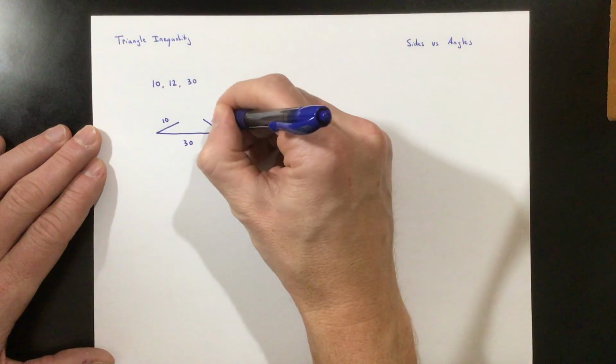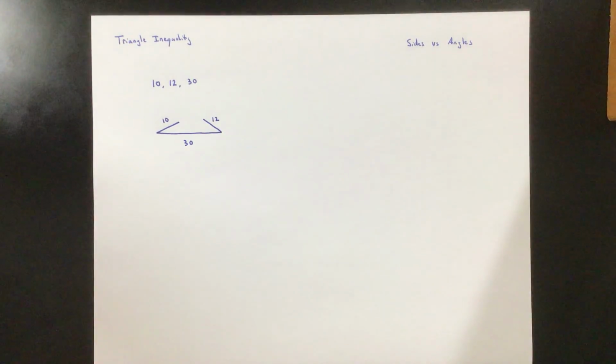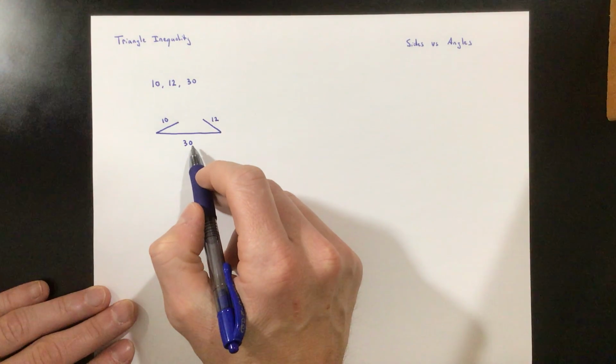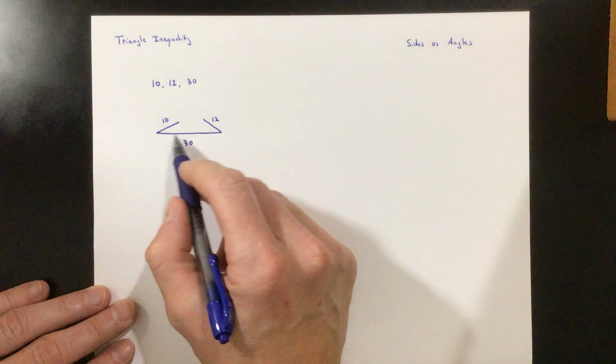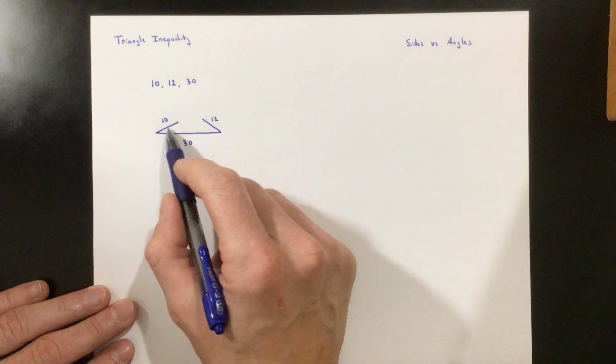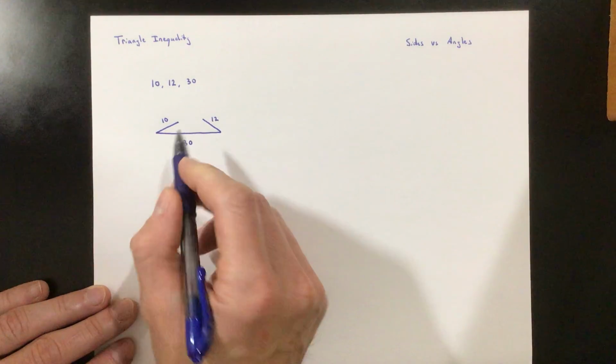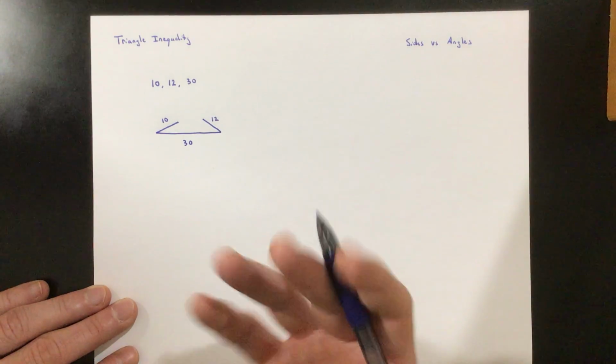There's just no way that those are going to connect, right? 10 and 12 are just too short to connect to 30, and there's no other way to bend them. Even if I put them almost straight down, there's still going to be a gap.